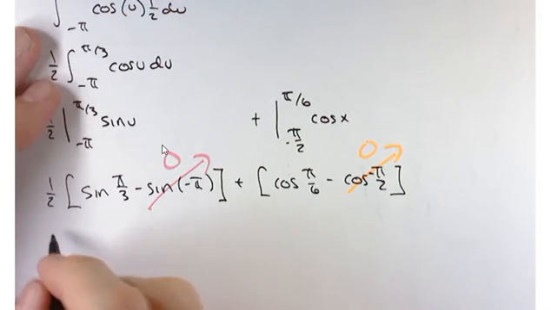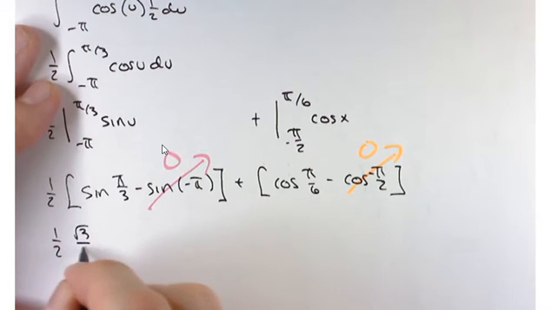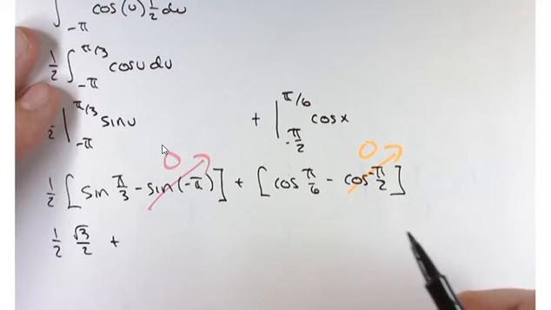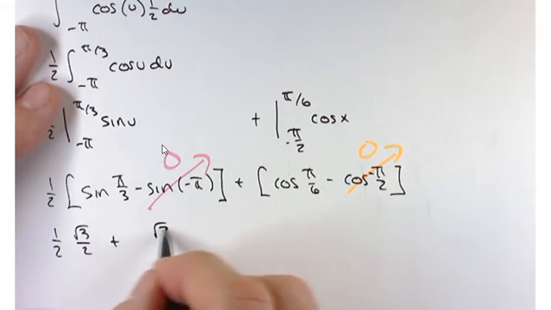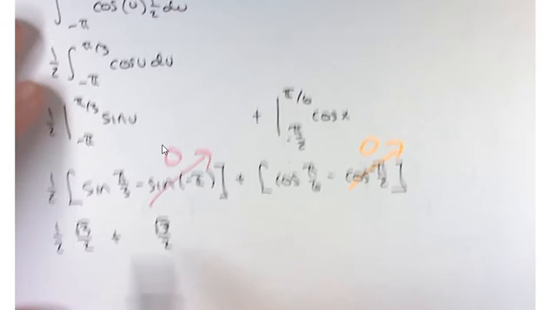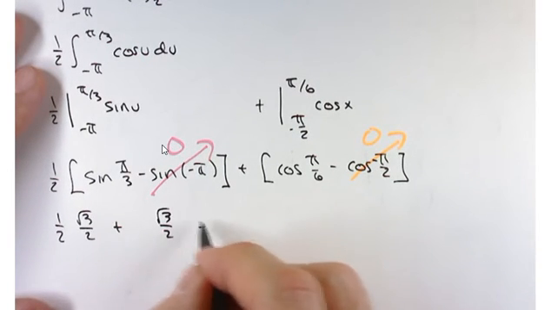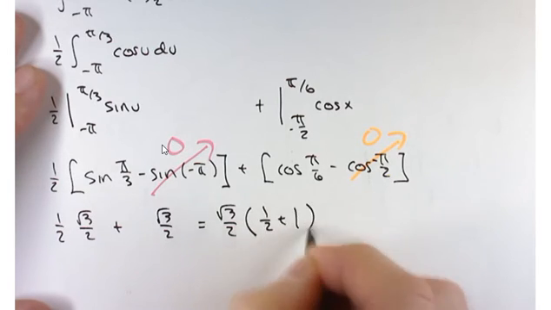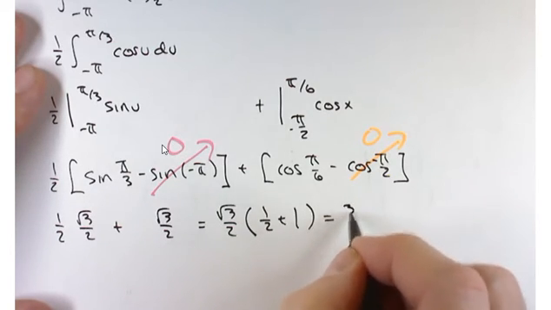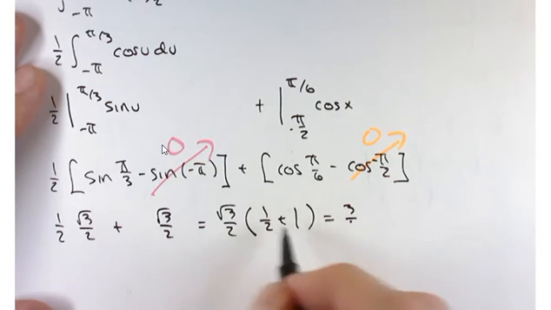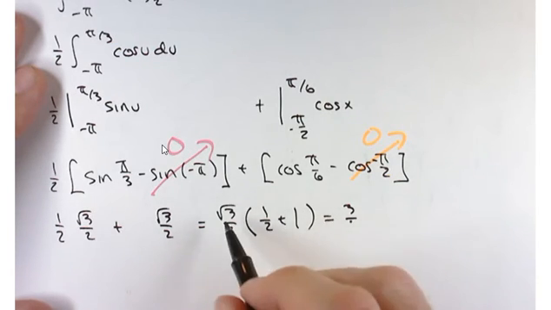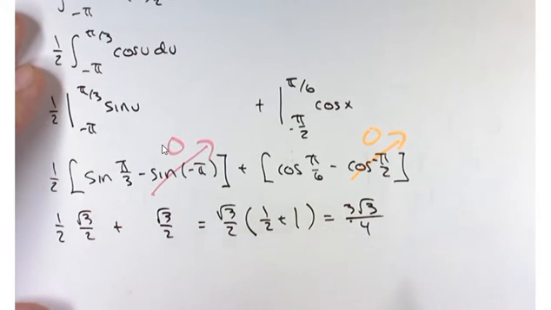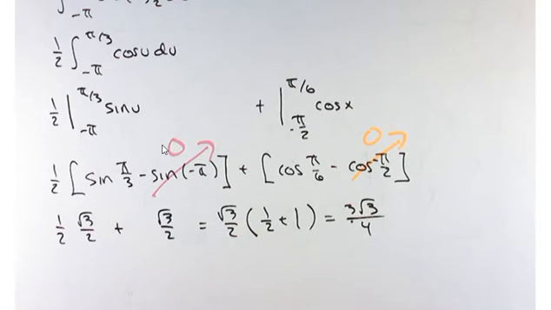So this is going to be 1/2 times the square root of 3 over 2, plus square root of 3 over 2 again. If you factor out the square root of 3 over 2, you're left with 1/2 plus 1, which is 3/2. 3/2 times root 3 over 2 is going to be 3 root 3 over 4 for our final answer.